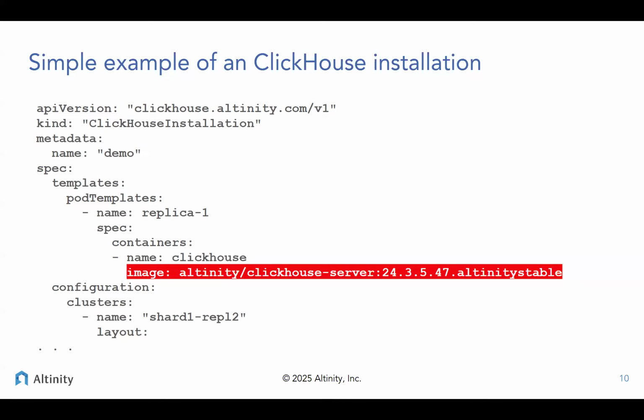You submit your change, and the operator says, okay, great, I see you've got a new version. I'm going to go to one of the servers and change the pod definition so that it has a new image. That will pull the image.